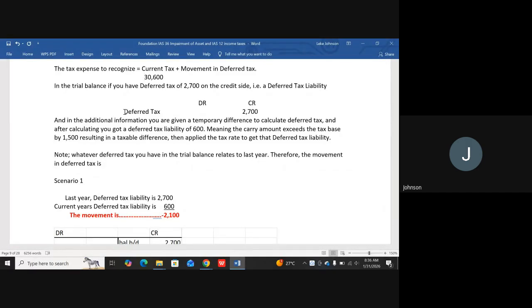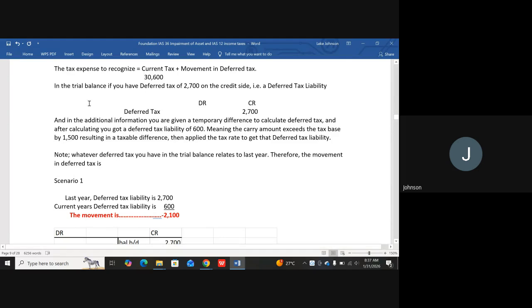Yeah, so the current tax is always 30% of our taxable profit. So how do you get back your taxable profit? We say, to work back, 100 divided by 30 times this amount, 30,600, and we're going to get 102.